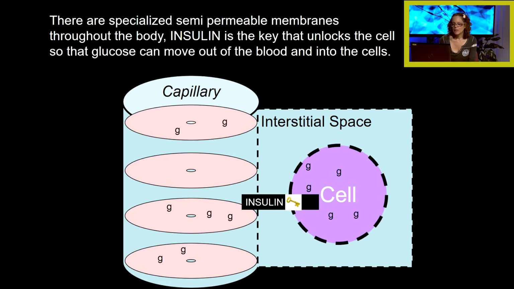And the only way we're going to be able to lower the blood sugar is with insulin. We need insulin to unlock the cell so that the glucose can move out of the blood and back into the cells.